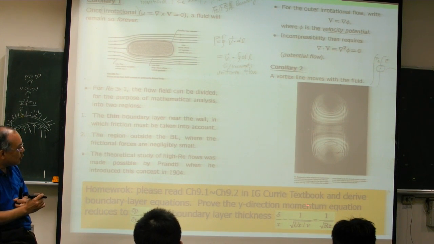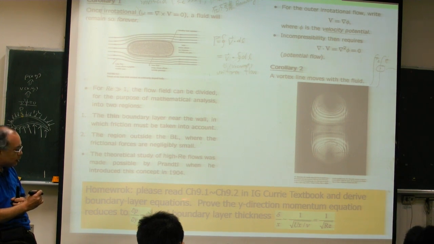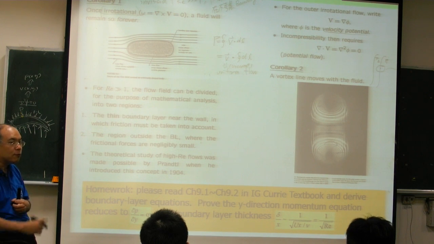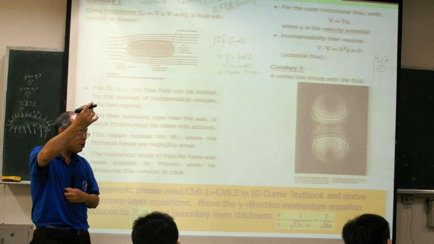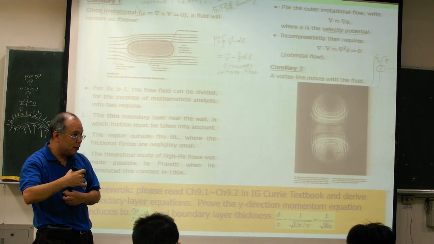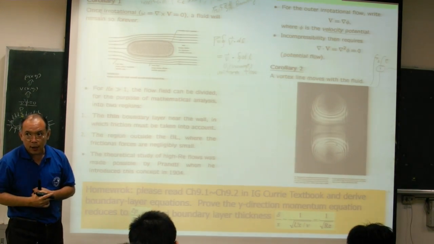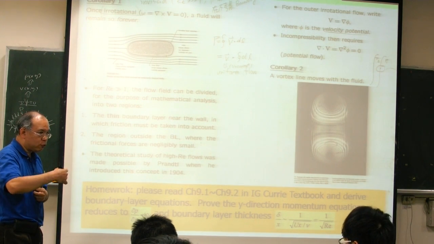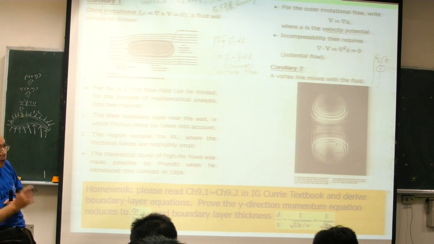In these two sections, 9.1 to 9.2, they develop the so-called boundary layer equation. They simplify our Navier-Stokes equation and apply it to the boundary layer. We already introduced the Navier-Stokes equation, and through scaling you can derive the boundary layer equation.